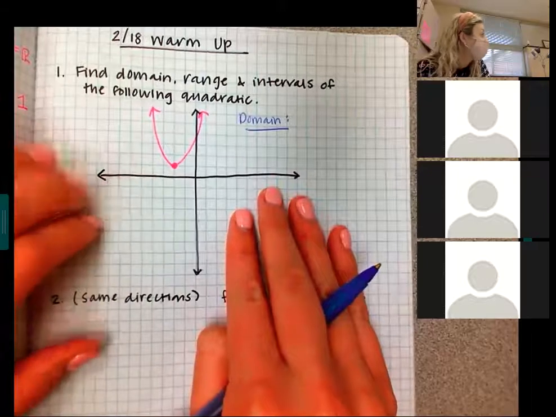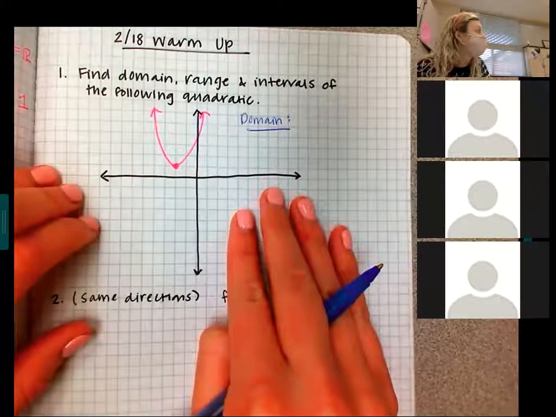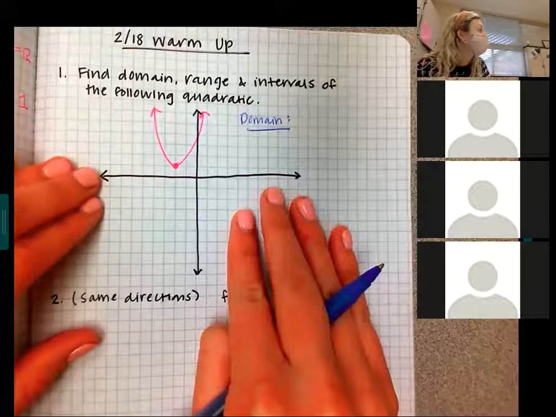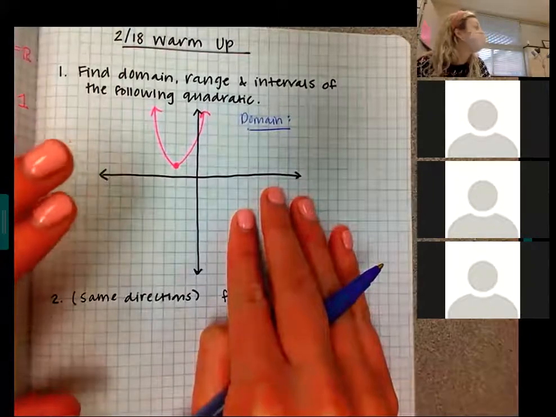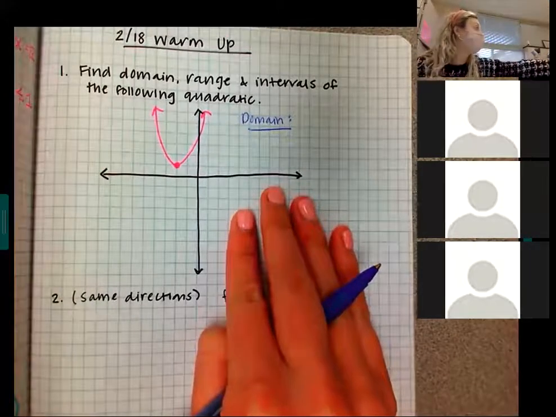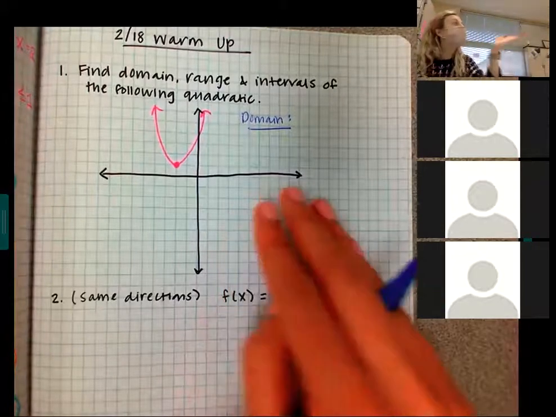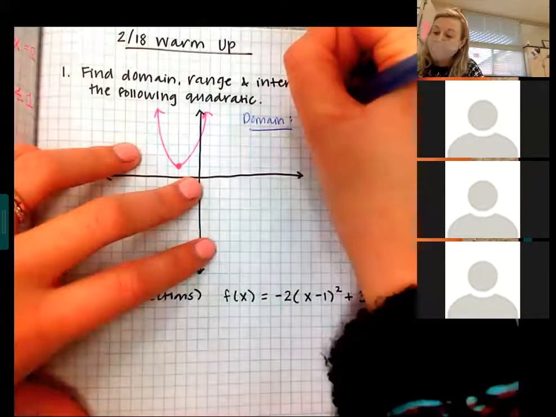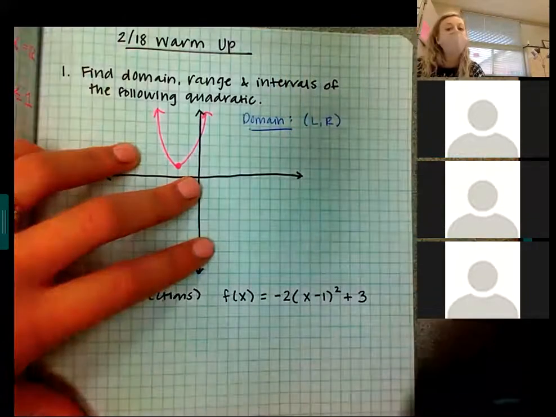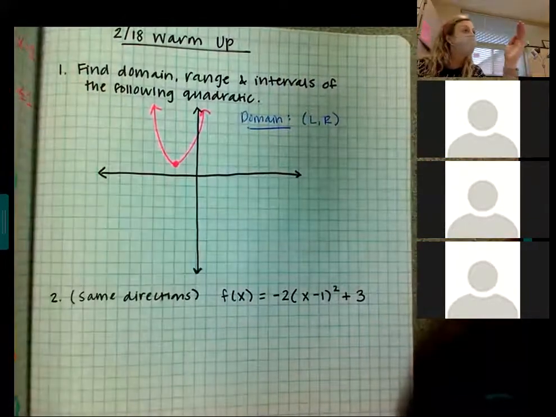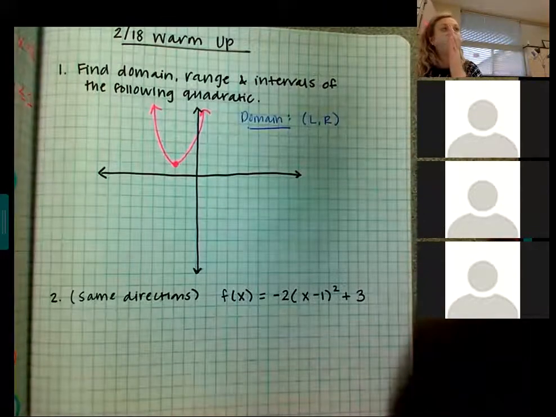The left side. So I need all eyeballs right now. I don't want you working, I want you to really listen so it'll click with you. The smallest X's will always be all the way on the left. Where are the biggest X's going to be? On the right. Good. So when you do domain, you should always start on the left and go to the right, okay?